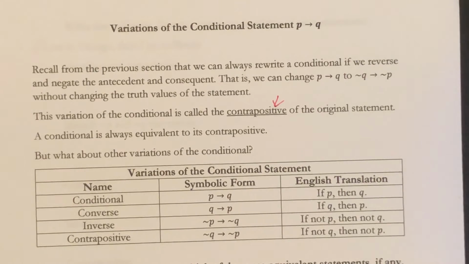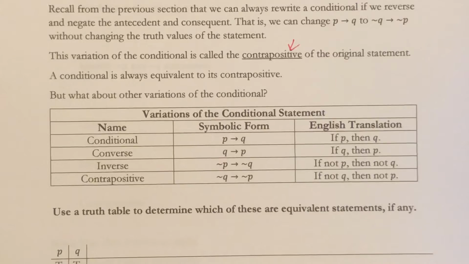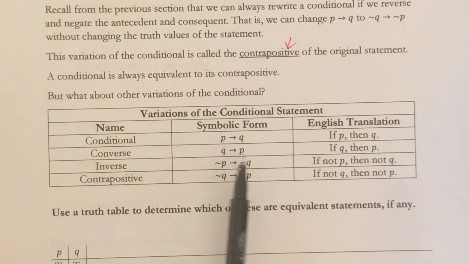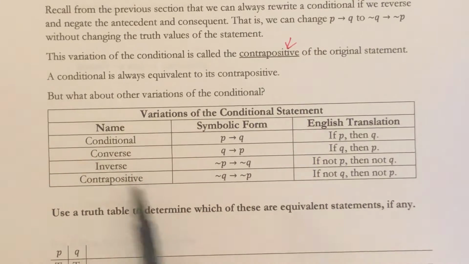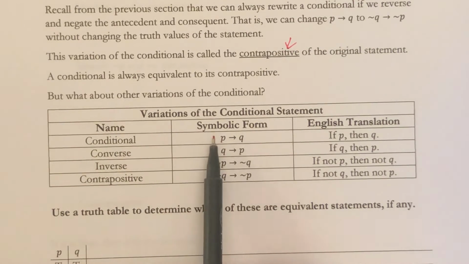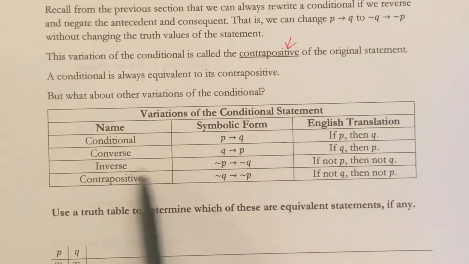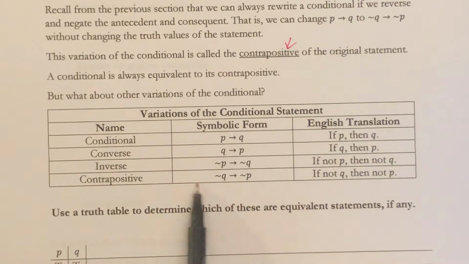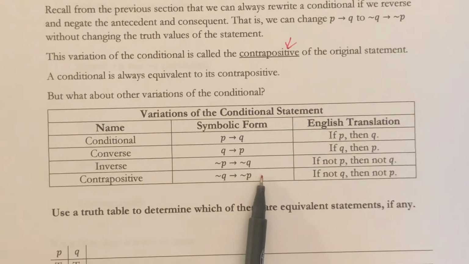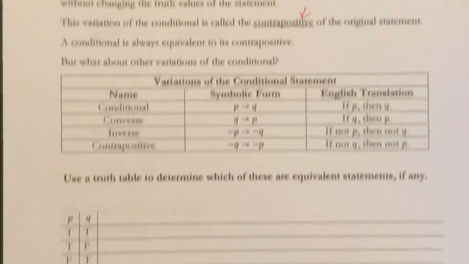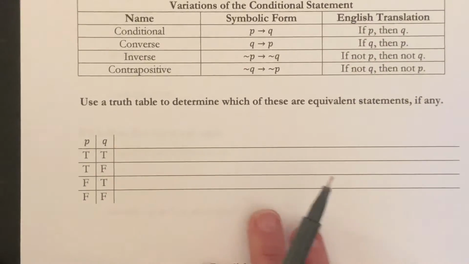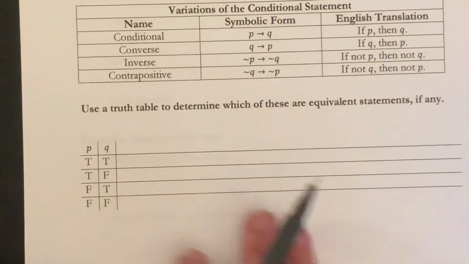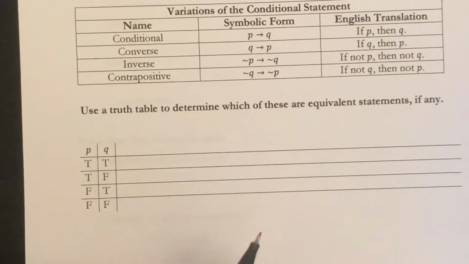Okay? But what about the other versions? So we're going to talk about what happens when you flip a conditional around. That's what a converse would be. Or when you put a not on the front and the end, that's called the inverse. And then there's the contrapositive that we already talked about. So what we're going to do is a truth table and decide which of these 4 are equivalent, if any of them.